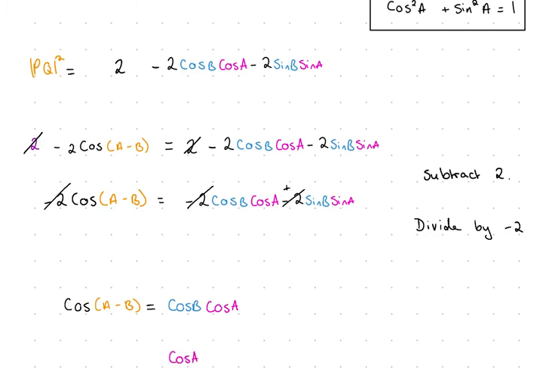It's the same forwards and backwards. It doesn't matter whether you say cos B by cos A or cos A by cos B. It's the same thing as having this.